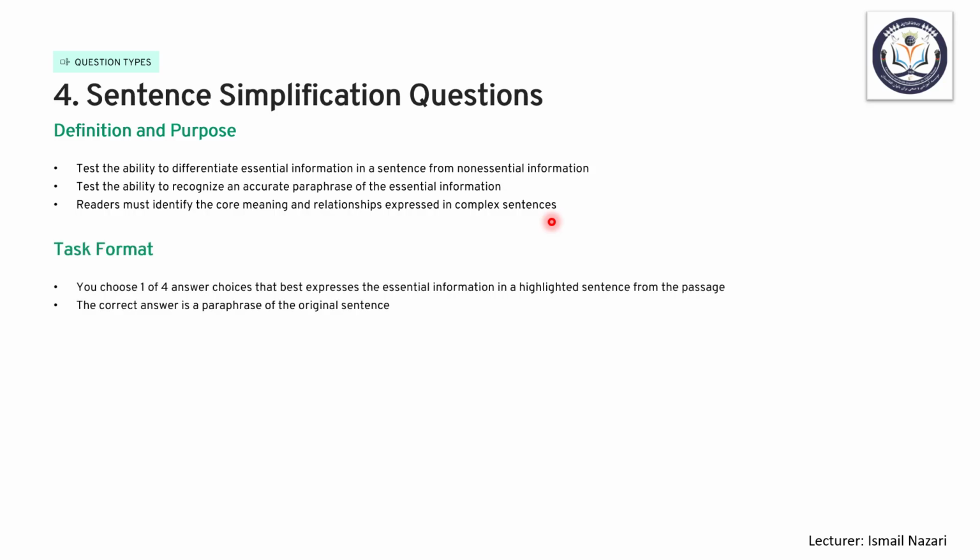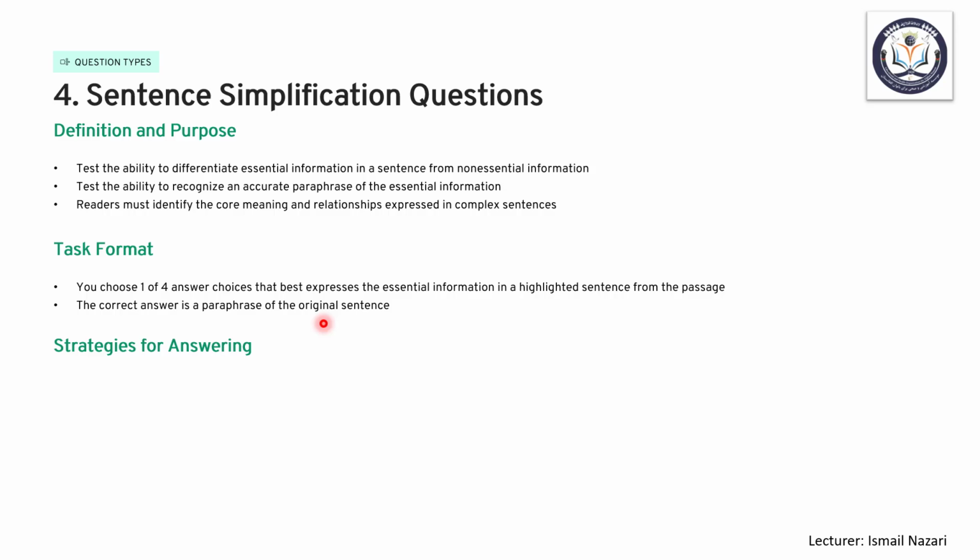Now, as for the test format, you choose 1 out of 4 answer choices that best expresses the essential information in the highlighted sentence from the passage. The correct answer is a paraphrase of the original highlighted sentence.